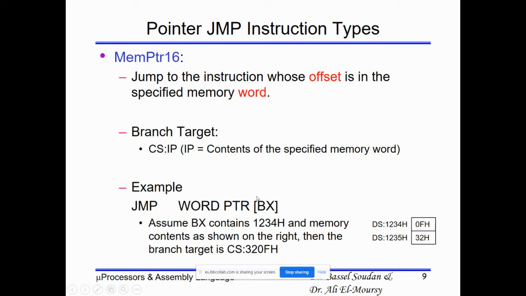That means the address of the offset is given in the BX, and the memory should be accessed. The data segment, DS, is being accessed here to grab those two memory locations, and the content of the memory will be used as my offset for the unconditional jump instruction, which is an indirect addressing mode, as we learned before.